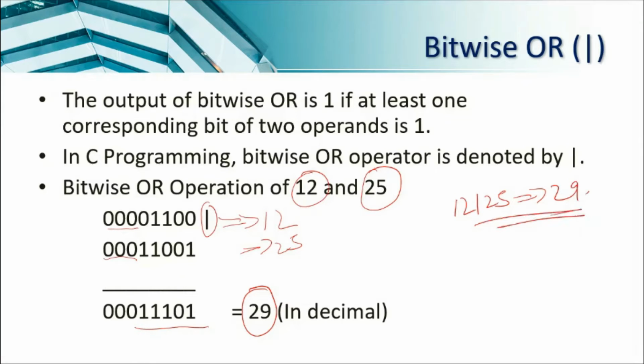So this is the peculiarity of the OR operator. When a bitwise OR operation is done, in most cases we will get a larger number. When a bitwise AND operation is done, we will get a lower number. It is something like the union and intersection in the case of sets. In mathematics, you might have studied the set operations.